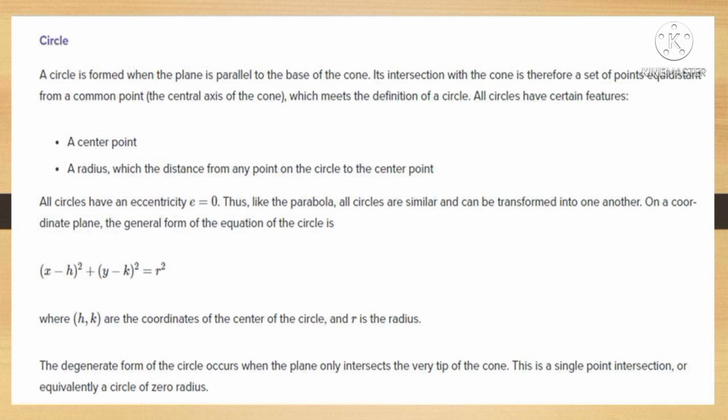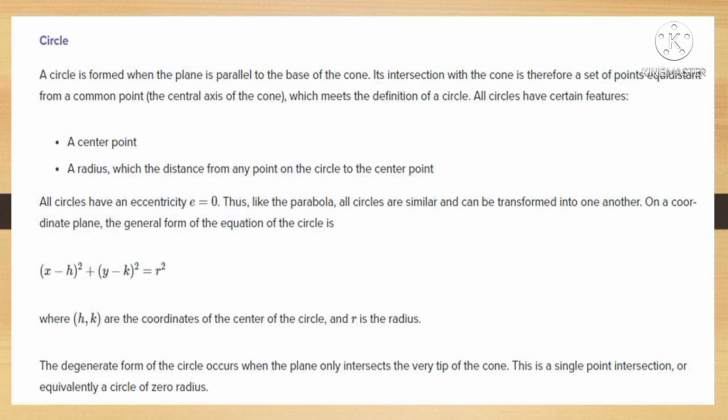First, a center point. Second, a radius, which is the distance from any point on the circle to the center point. All circles have an eccentricity e equal to 0. Thus, like the parabola, all circles are similar and can be transformed into one another on a coordinate plane.